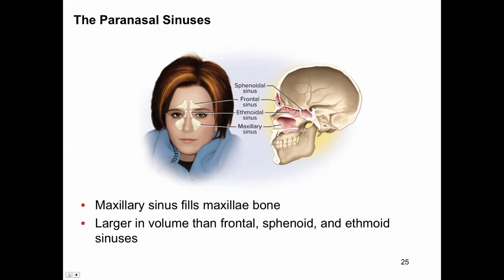These are basically cavities lined with mucous membranes, and they're producing mucus. They're going to warm and moisten the inhaled air, as I had mentioned already.